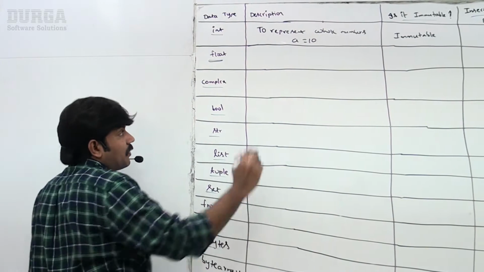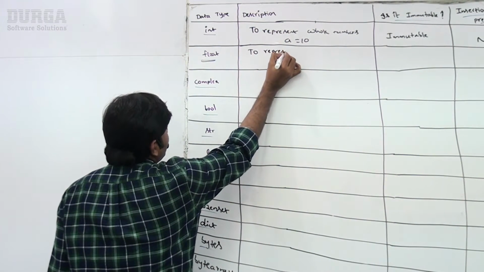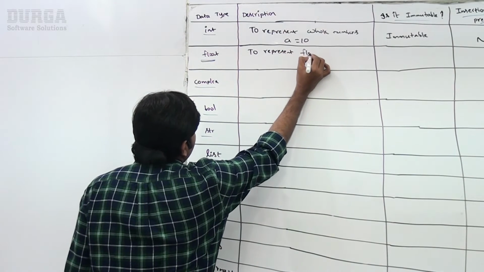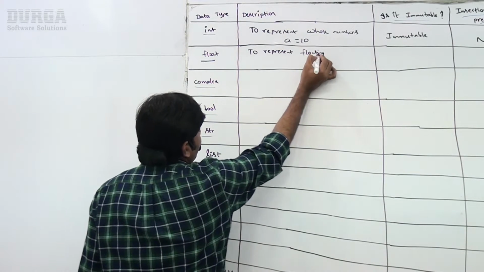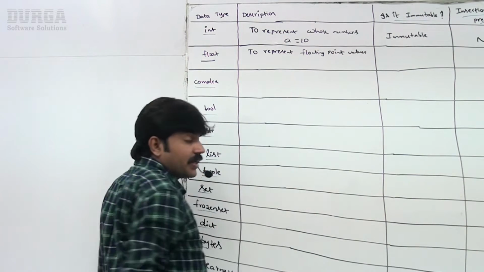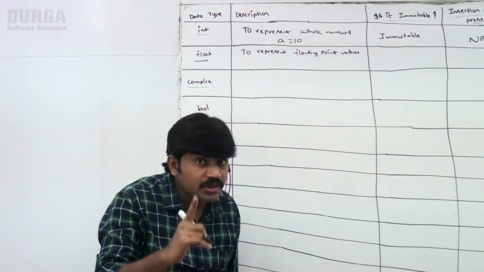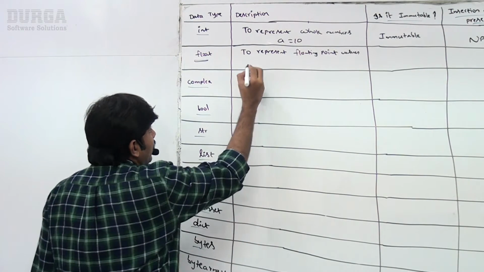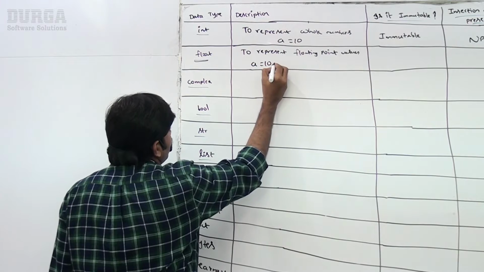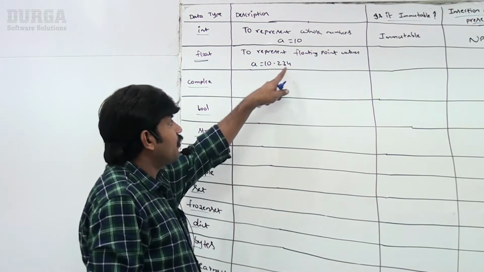Now the second one, float. To represent floating point values, we go for the float data type. Floating point value means a number with a decimal point, like a = 10.234.